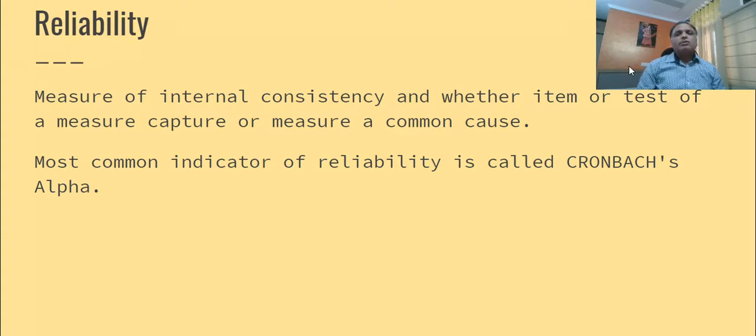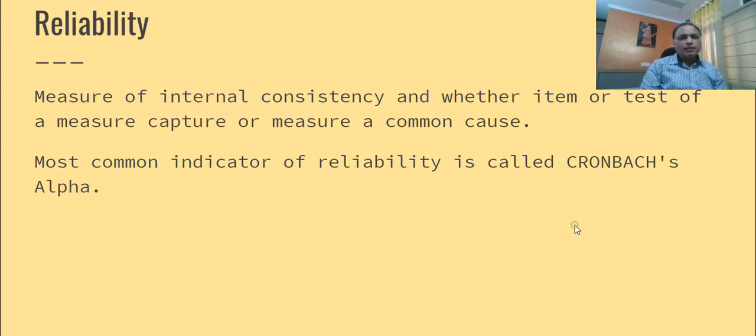Because the Cronbach alpha has this value, it indicates that all the items, all the questions are consistent with each other. Internally, they have good consistency and a good correlation. And the items, whatever questions you have, are actually capturing one particular domain, right? So let us move further.